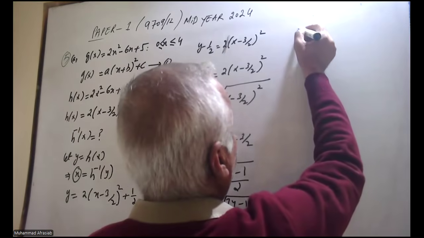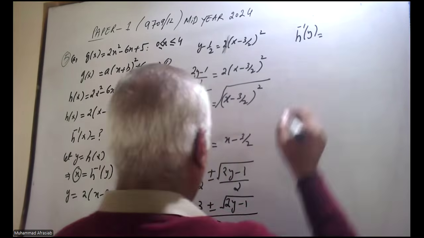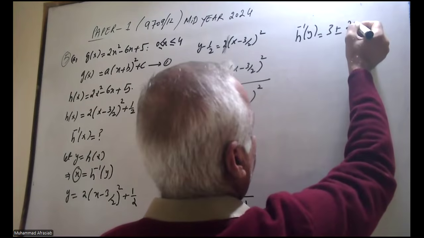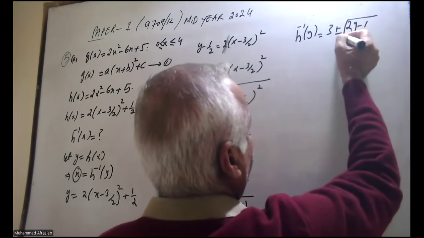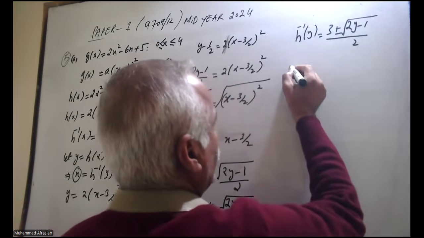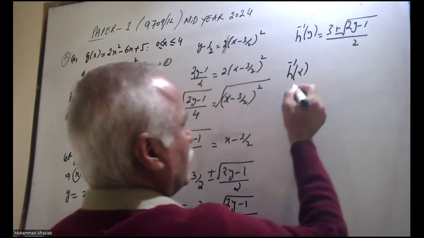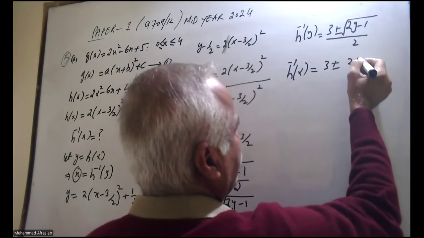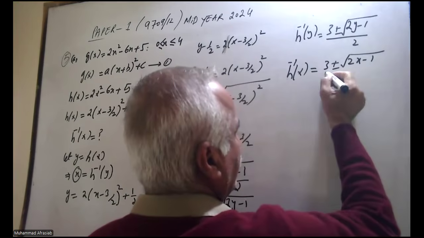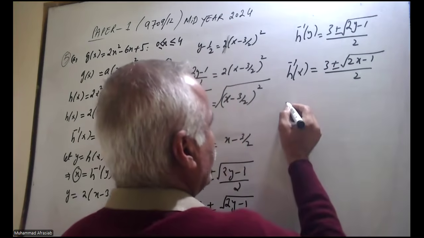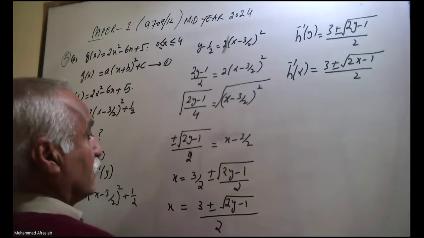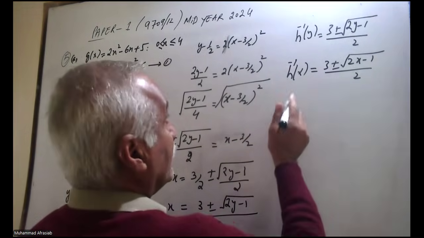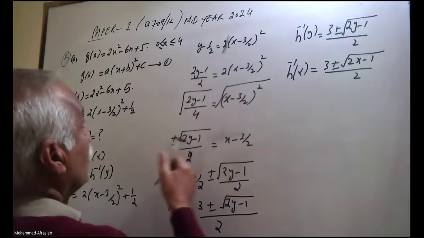So h inverse of y is equal to (3 ± √(2y − 1))/2. So y will be replaced by x. So that should be equal to (3 ± √(2x − 1))/2. But the vertex is lying at 3/2, and the range is given there from 0 to 4.